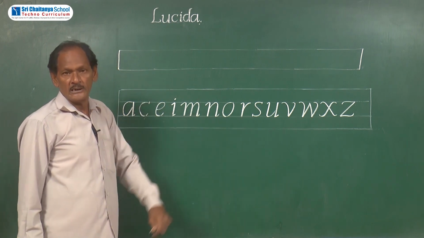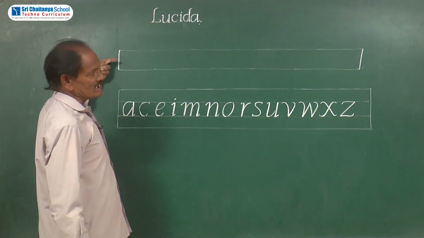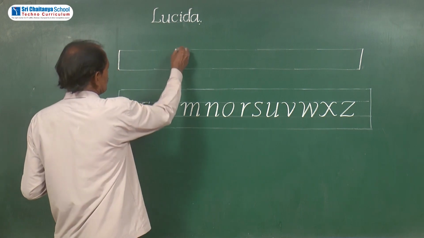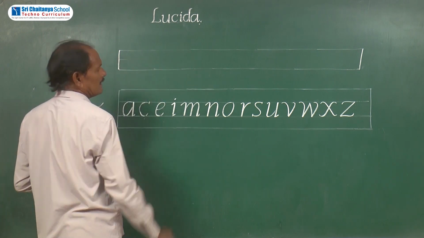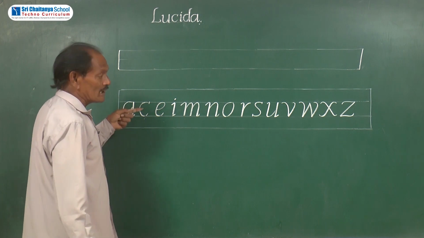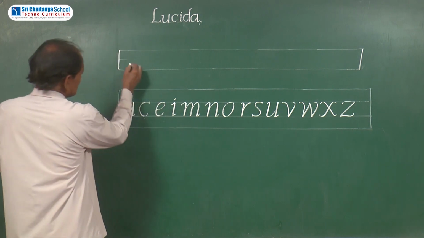As I told you in our earlier class, in the 2 lines pattern, just imagine what is the total place here and take 50% of the place to write these middle zone letters.